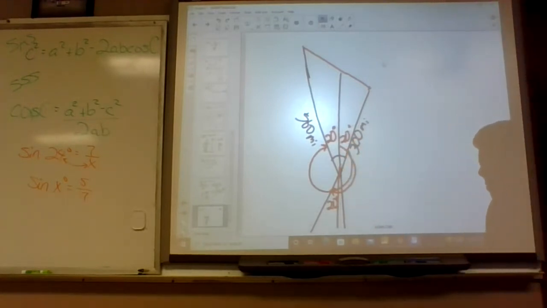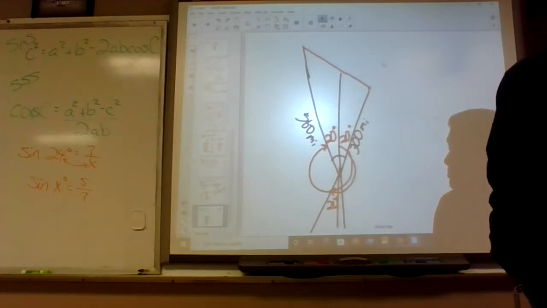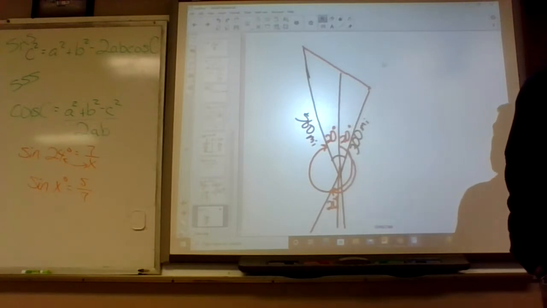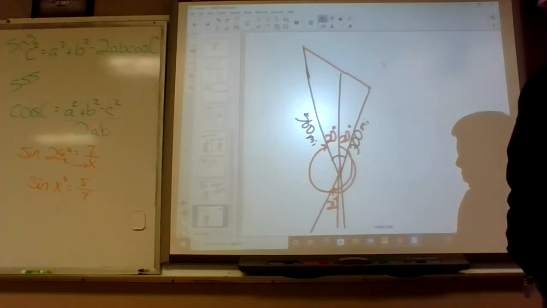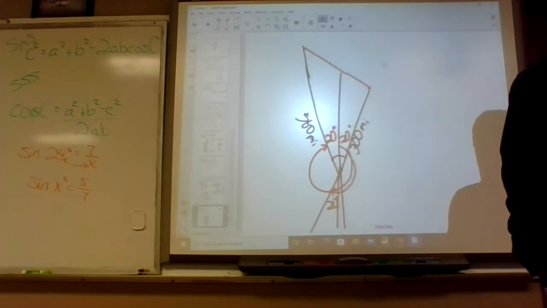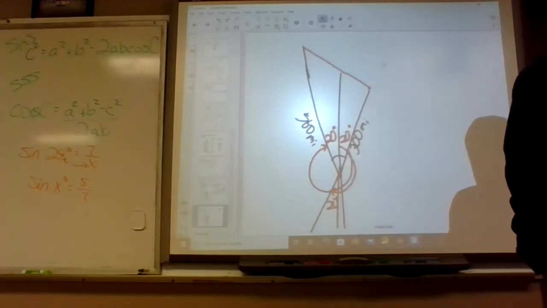What were we finding with the area? That's right. Should be 300 and something. 331.94.